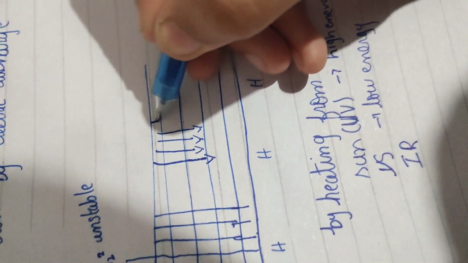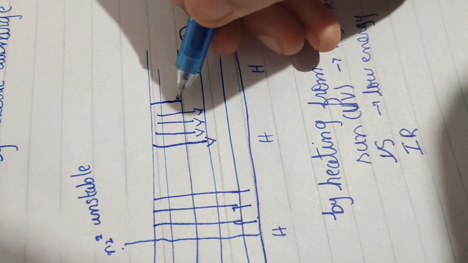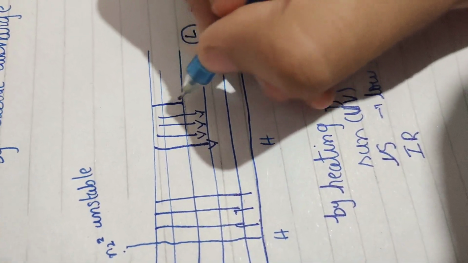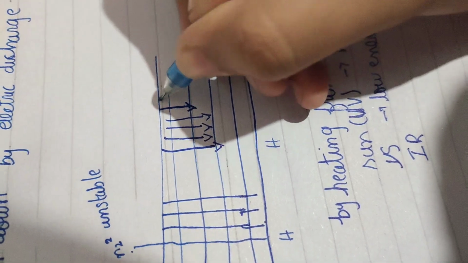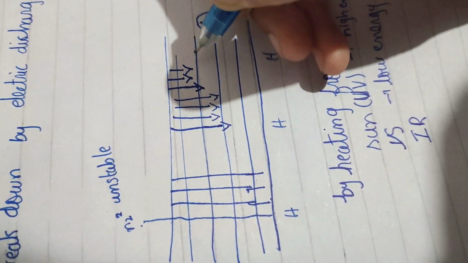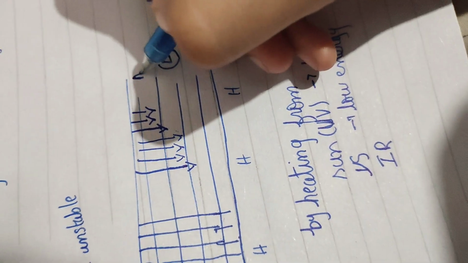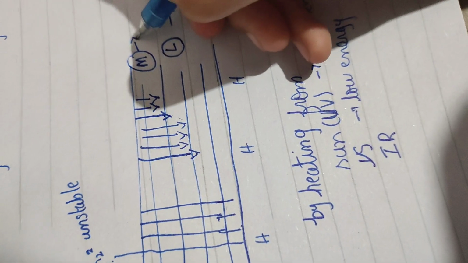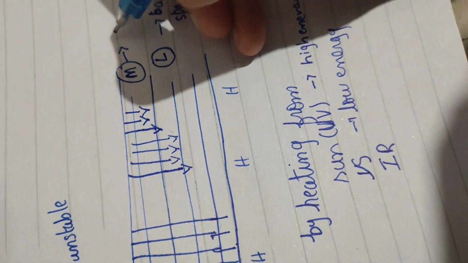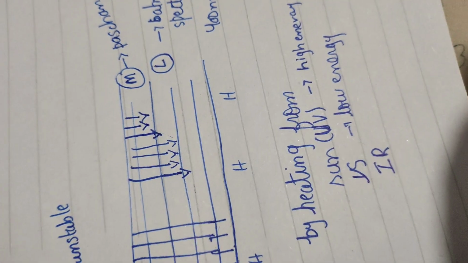When they come back, they will stop at the M shell now. The dropping of the hydrogen till the M shell, that series will be known as the Paschen series or Paschen spectrum.